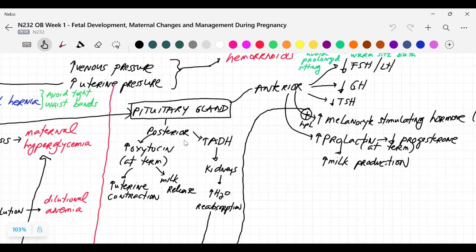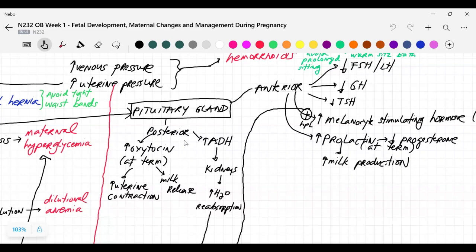What about oxytocin? Oxytocin comes from the posterior pituitary. This doesn't increase until the baby is ready to come out. What oxytocin does is increase uterine contraction. Again, it should only happen when the baby is ready to be delivered at term. So it increases contraction of the uterus so the uterus can push the baby out, right?